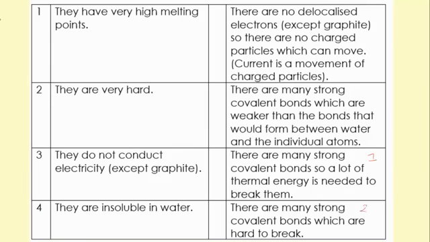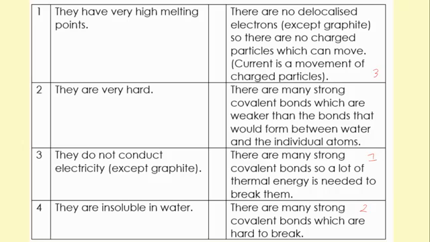We talked in the last lesson about how in simple covalent substances there are weak forces between the molecules, but in this case there are no forces between molecules, so it's only the forces within the structure, these covalent bonds, that are important. Apart from graphite, which we'll look at in a later lesson, they do not conduct electricity, and that's because there are no delocalized electrons. There are no ions, no charged particles which can move.